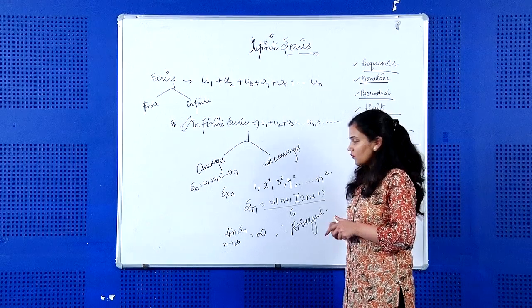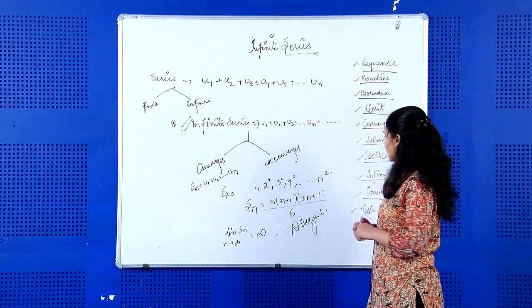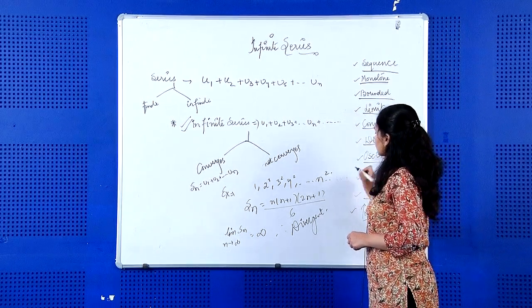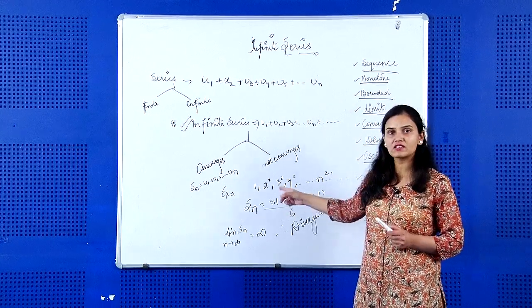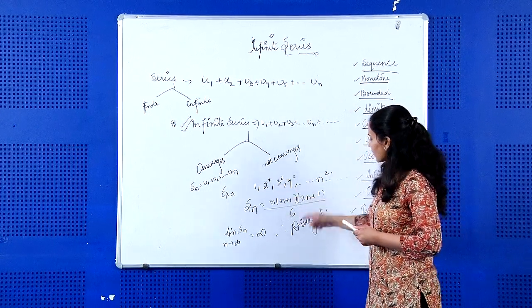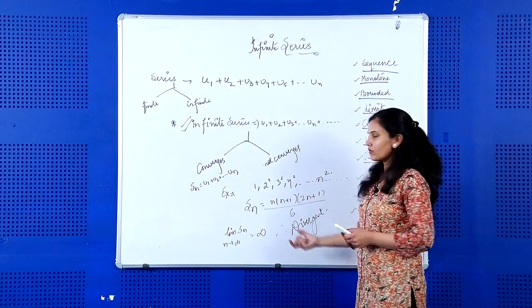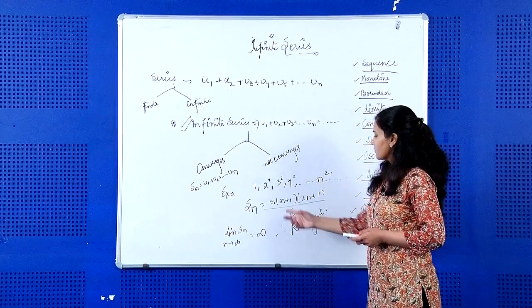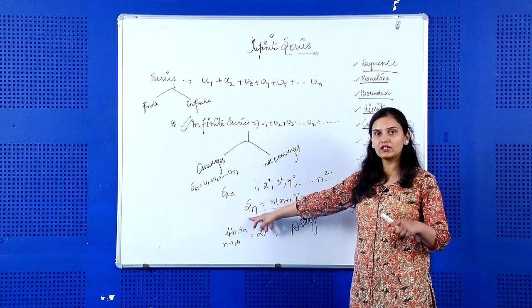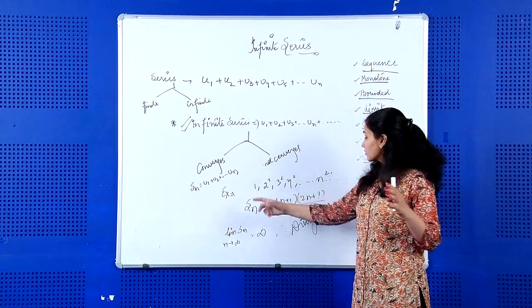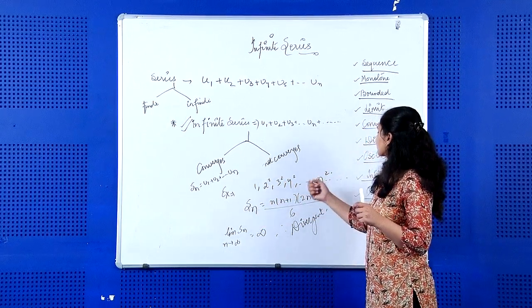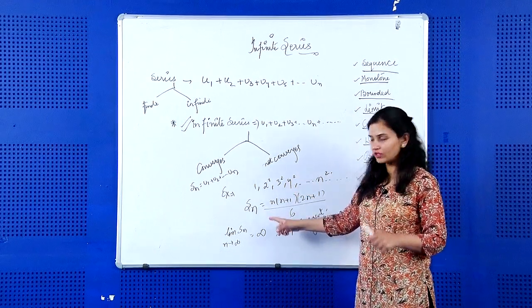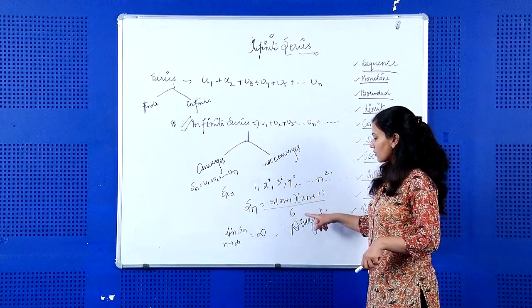So, what we have done is, we had to find whether this infinite series converges or not. We have taken n terms from our series and found Sn, that is the sum of squares of n natural numbers, which we already know is n into n plus 1 into 2n plus 1 upon 6.